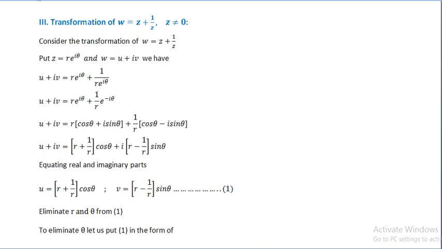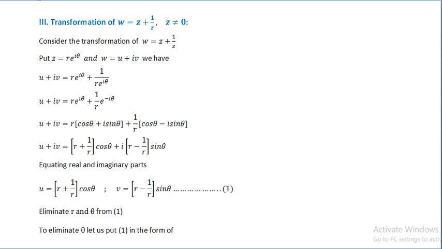We substitute z = r e^(iθ) and w = u + iv. Therefore our equation becomes u + iv = r e^(iθ) + 1/(r e^(iθ)).